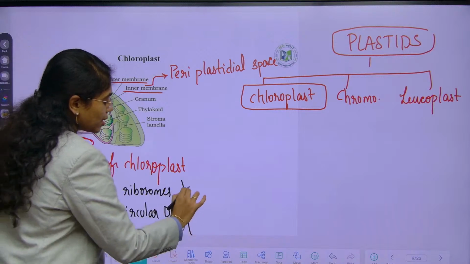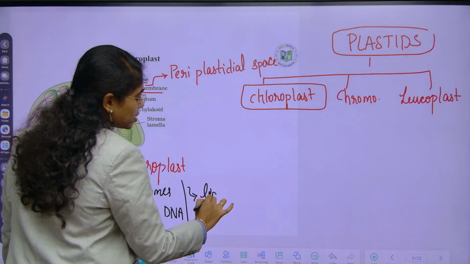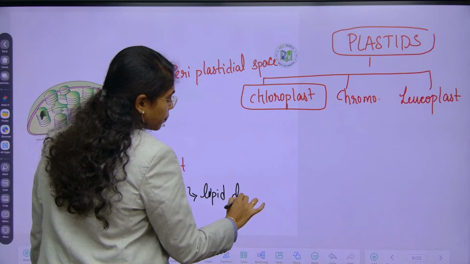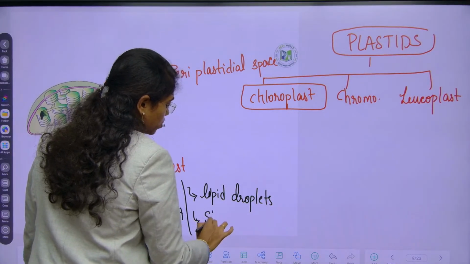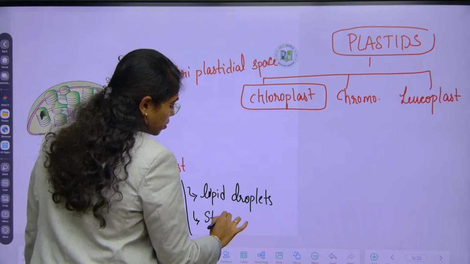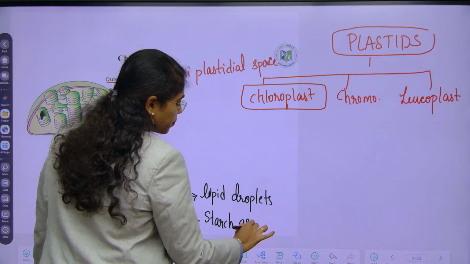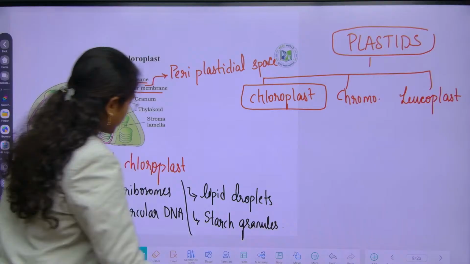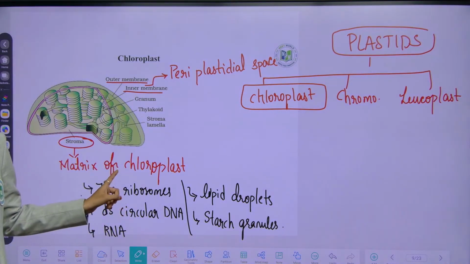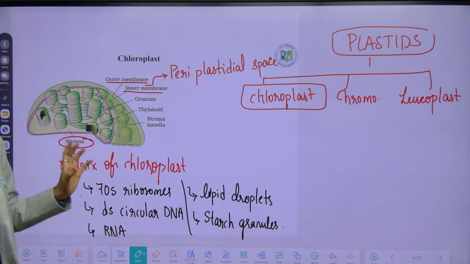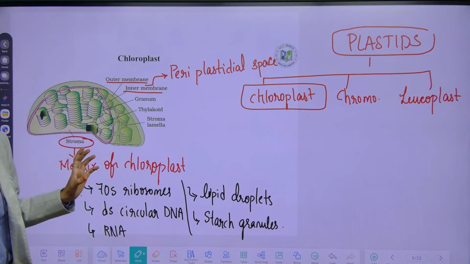It also consists of lipid droplets and starch granules. These are the components of what? Matrix of chloroplast, that is stroma, which is the fluid filled space inside the chloroplast.